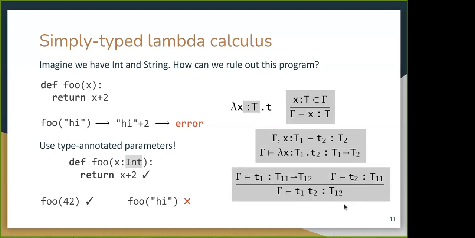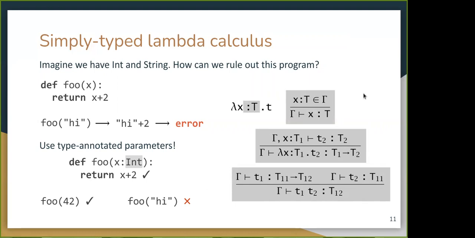If you're familiar with logic or something like sequent calculus, you can think of this as a judgment where gamma has assumptions, and on the right of the typing judgment we have a conclusion. The meaning is still the same: we want to say that given assumptions, some program has this type.